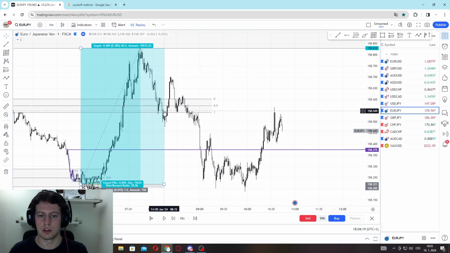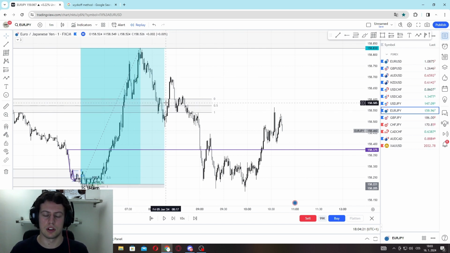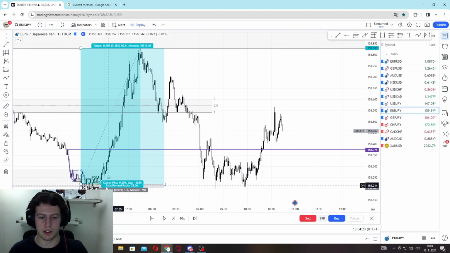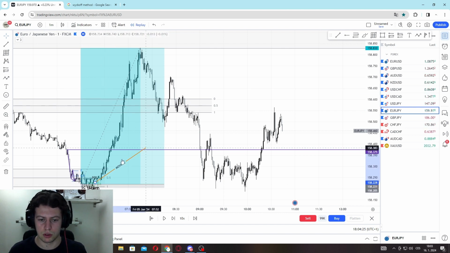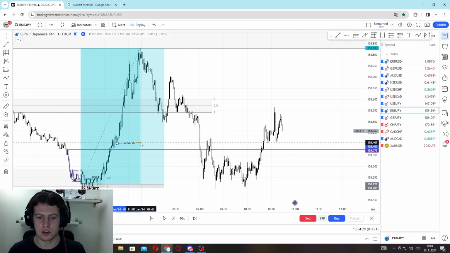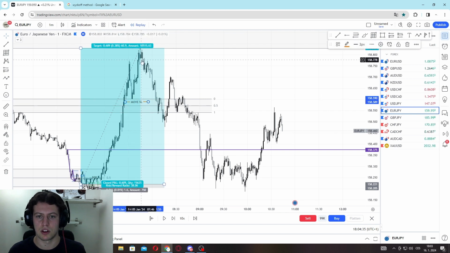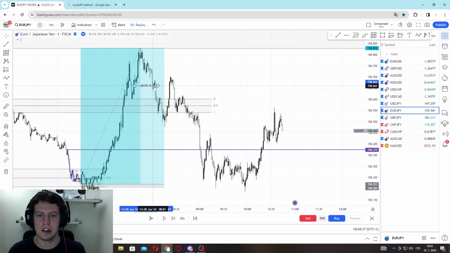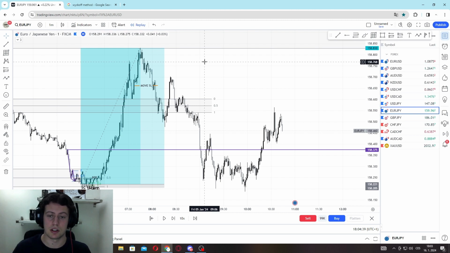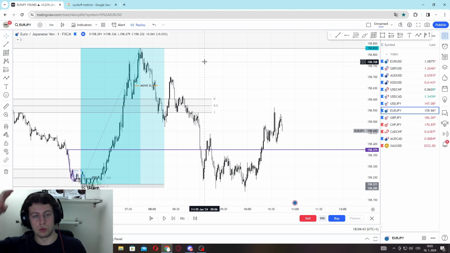I mean that you definitely would move your stop loss, like right here for the break of structures, like here and here and here, like below this we have another, so for example here, and also it depends, it's up to you how you want to trade it.